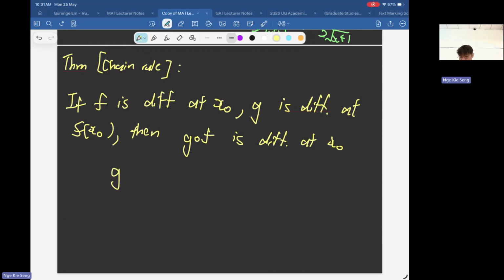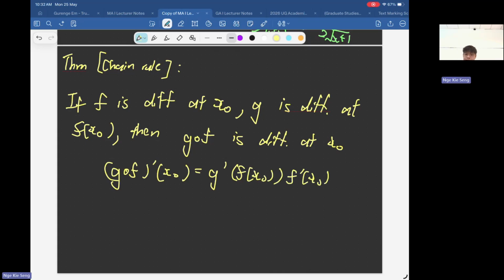The formula will be (g∘f)'(x naught) equals g'(f(x naught)) times f'(x naught). So let's prove this. This proof is somewhat tricky, but not too hard.